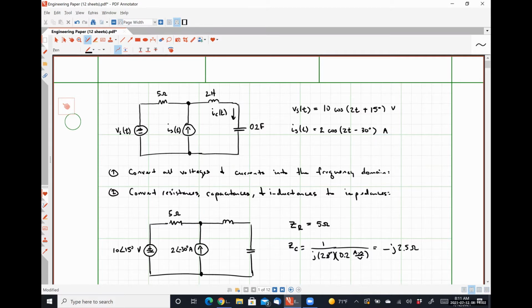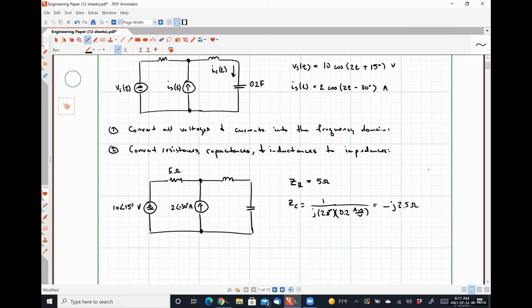Let me just double check that real quick. 1 over 0.4, 2.5, yep. So our capacitor is negative j 2.5 ohms.